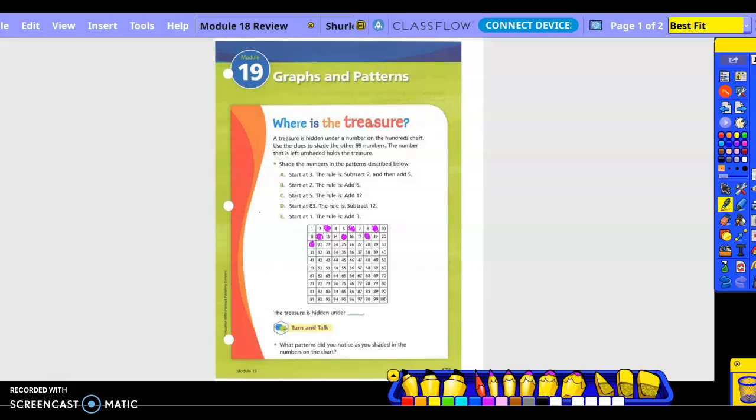Add 5, I'm at 24. Subtract 2, I'm at 22. Add 5, I'm at 27. Subtract 2, add 5, subtract 2, add 5. So what are we at?